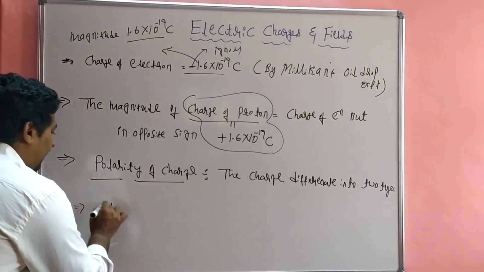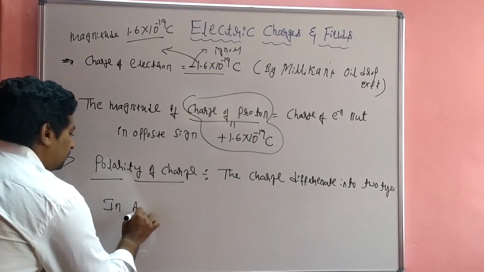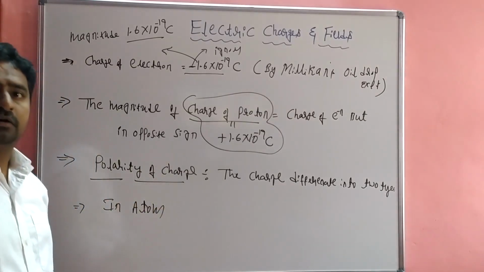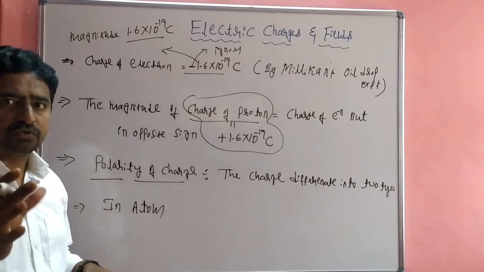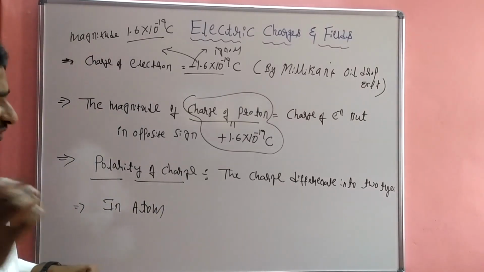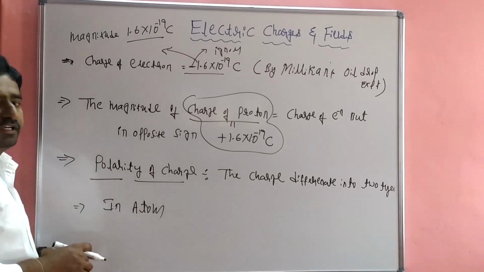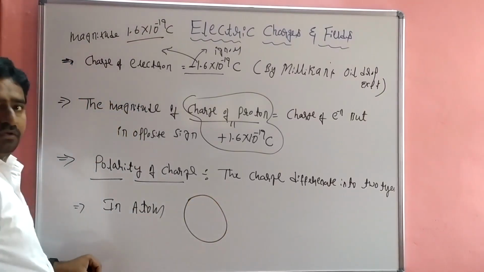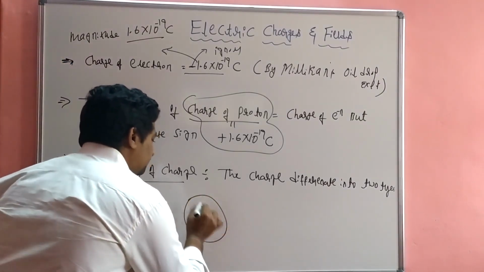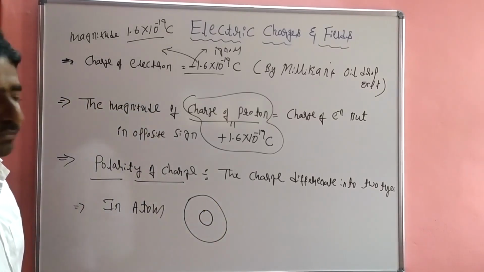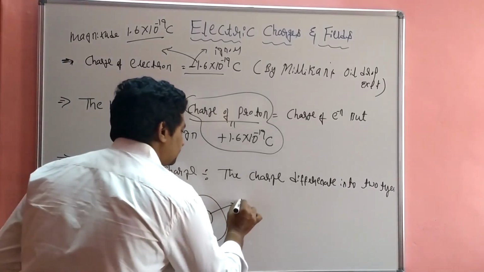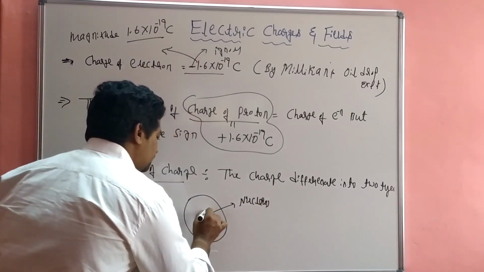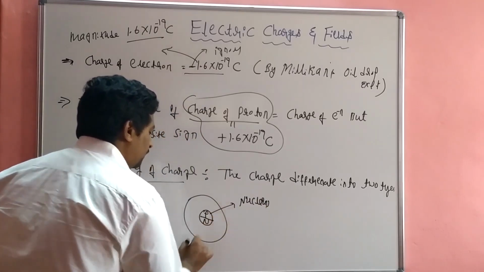So let's see in the atom. You know very well about the atom from the lower section, and also studied the chemistry structure of atom in the first year. So the atom is mainly consisting of a center core called the nucleus. The nucleus is mainly consisting of protons and neutrons.